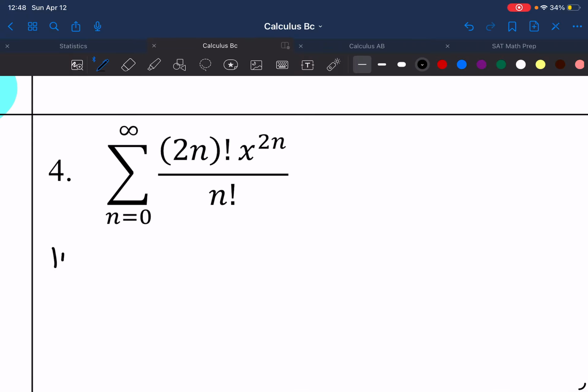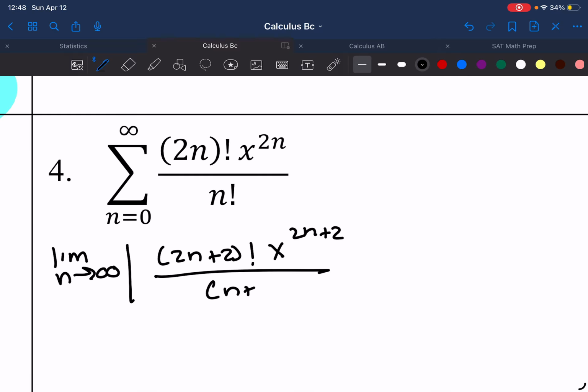So I have the limit as n approaches infinity of the absolute value of (2n plus 2) factorial times x to the power of 2n plus 2 over (n plus 1) factorial times n factorial over (2n) factorial x to the power of 2n.